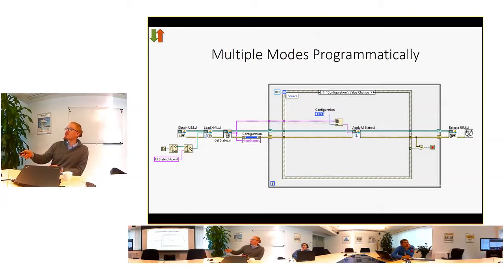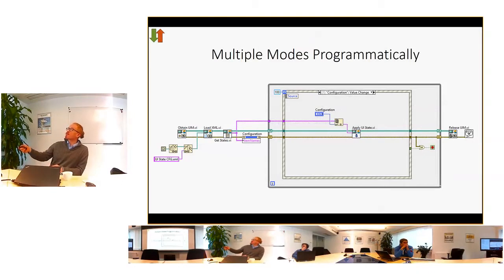So you obtain a user interface manager with no settings, just default. Then you load the XML from a file. Then you get the states that have been loaded from that file. Then you update some kind of a selector that allows you to programmatically select what kind of state the user interface should be in right now.